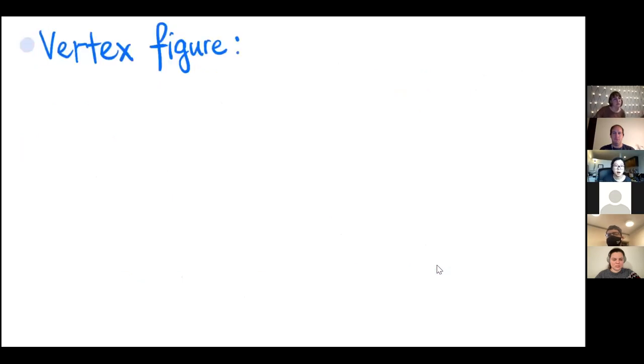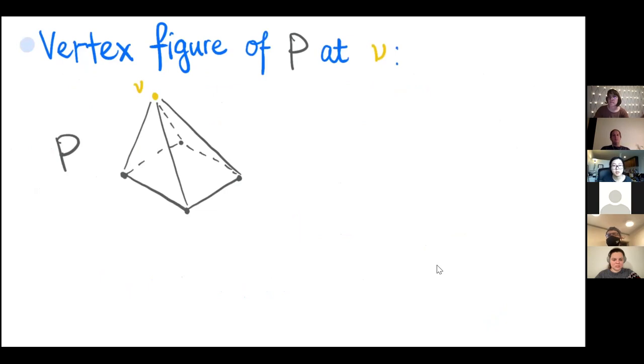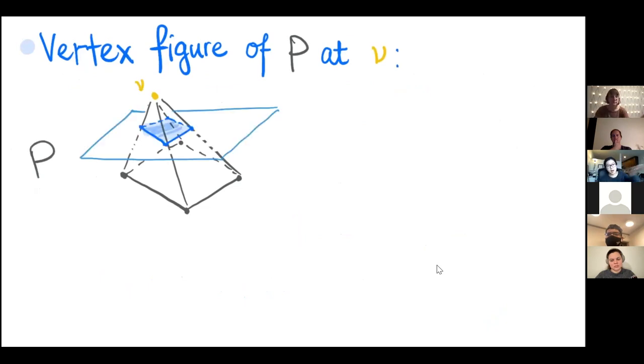I want to introduce one more definition, which is called vertex figure. Given a polytope and one of its vertices called V, a vertex figure at V is what you get by sliding in a hyperplane that separates that chosen vertex from the rest.